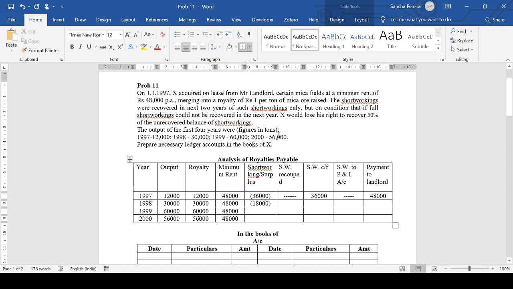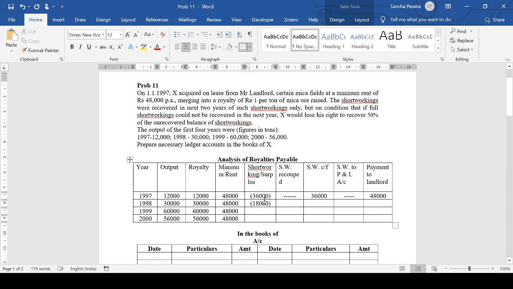What happens? X would lose his right to recover 50% of the unrecovered balance of short working. So basically, since he cannot recover anything of this 36,000 in the second year, he loses the right to recover 50% of the unrecovered balance, even though he has another year.